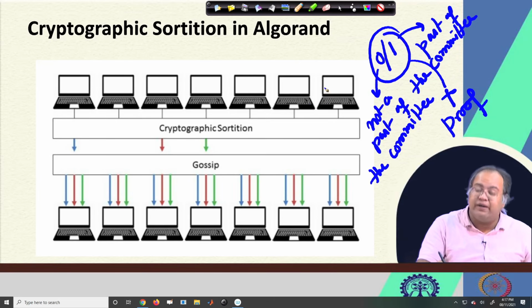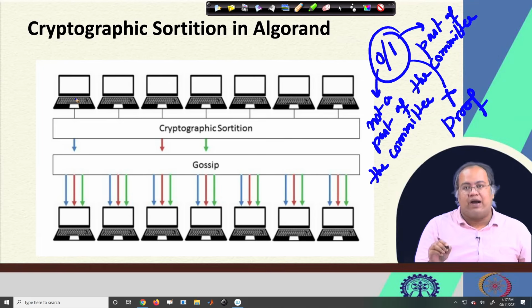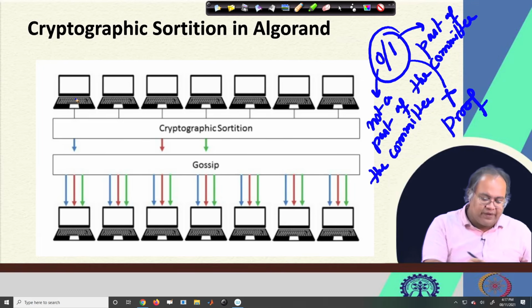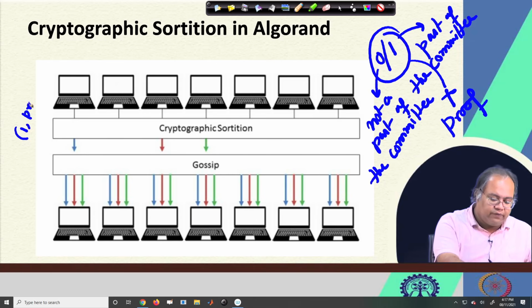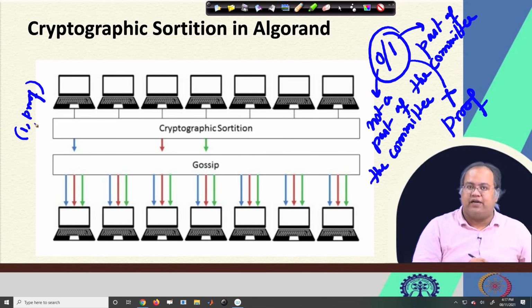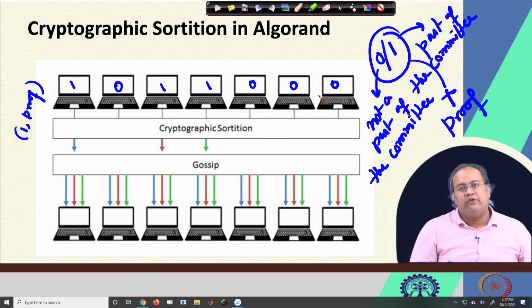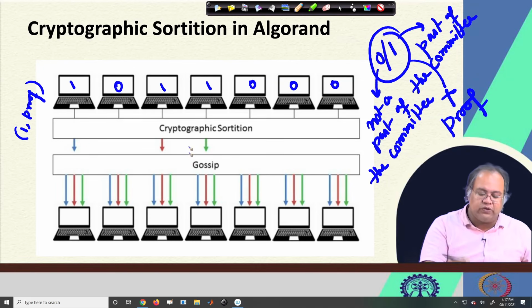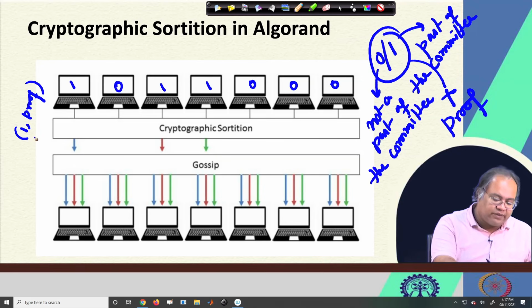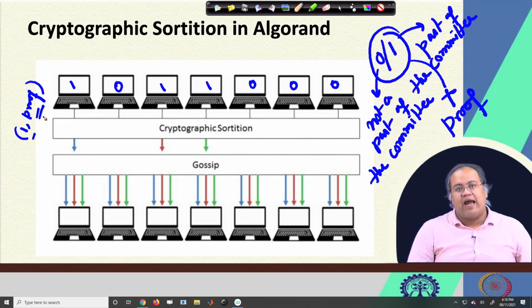So, whenever members get a 1 by running this cryptographic sortition, it generates 1, and the proof says that 1 has been generated. Say this member gets 1, this gets 0, this gets 1, this gets 1, this gets 0, this gets 0, this gets 0. The members who get 1 send that information through gossip, along with the corresponding proof, which validates that 1 has been generated from the cryptographic sortition mechanism.